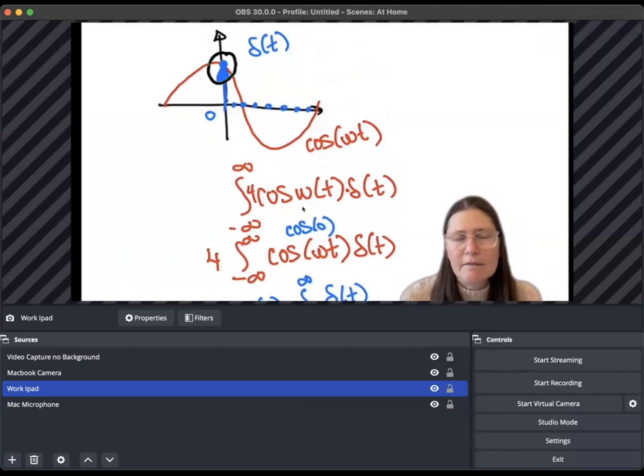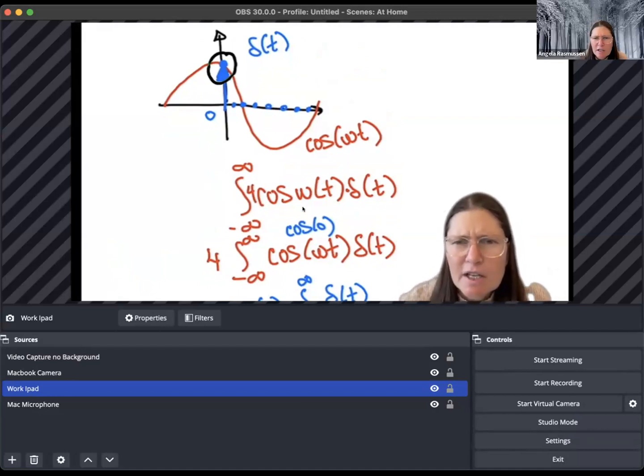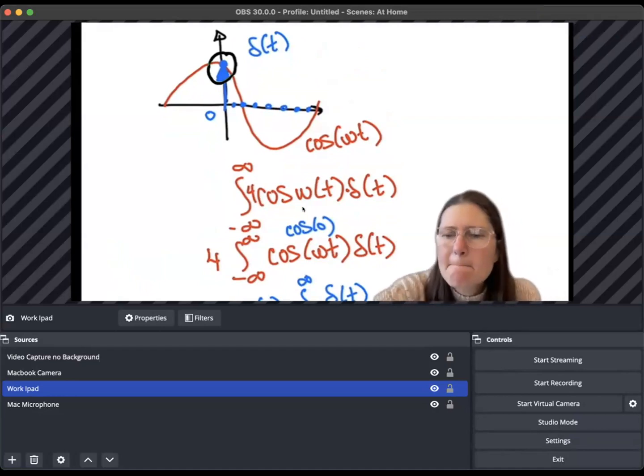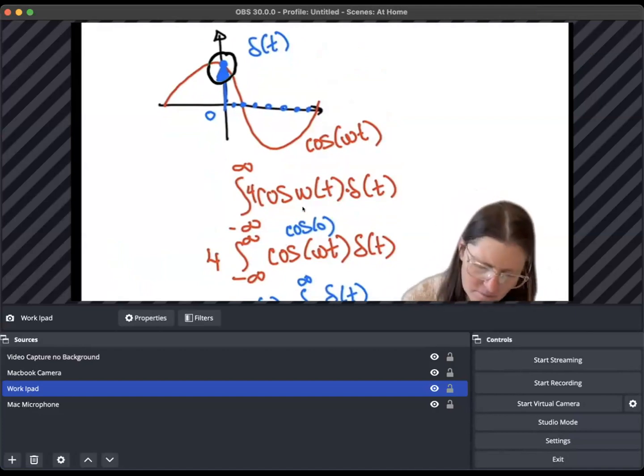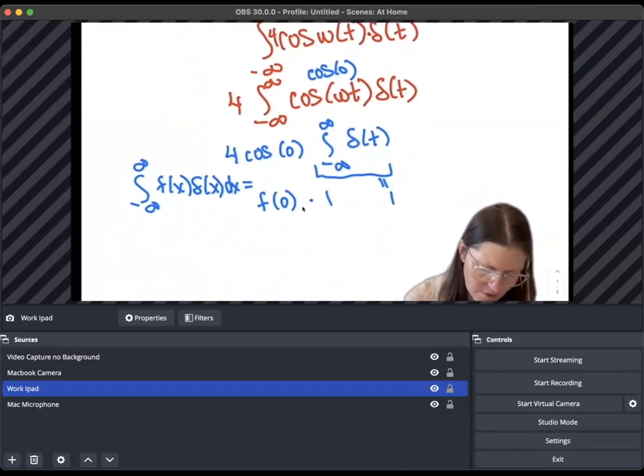Is there a difference between having f of x and then the delta function of d of x, or is it delta function of x times d of x? Say that again. Having f of x times the delta function, and within the delta function is d of x. I'm assuming it's not much different.